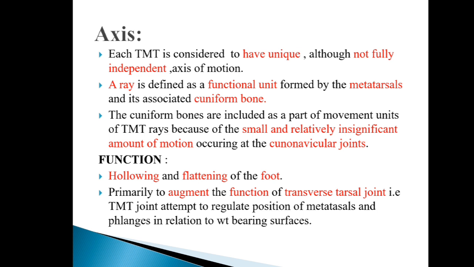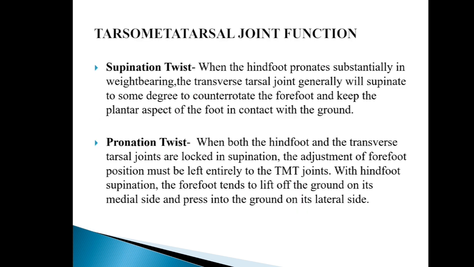Function: hollowing and flattening of the foot, plus augmenting the function of the transverse tarsal joint. Next, the tarsometatarsal joint function: supination and pronation twist is usually done. When the hindfoot pronates in weight bearing, the forefoot supinates to some degree to counter-rotate.